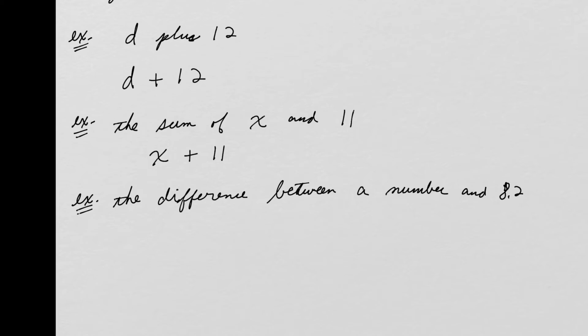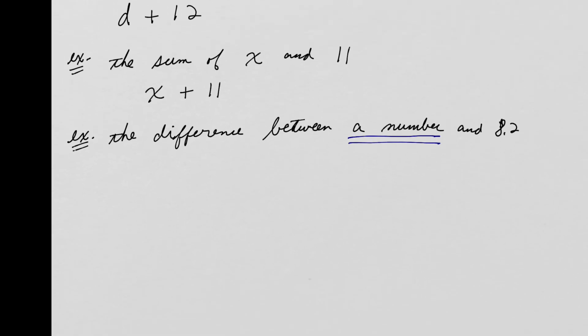So I want the difference between a number. We can call this whatever we want. We're free to choose our variable name here. Again, people typically use x, but you don't have to. So translating this into an algebraic expression, let's say we're going to use x for our number, so it's x, and then minus 8.2, right? That would represent the difference between the number x and 8.2.